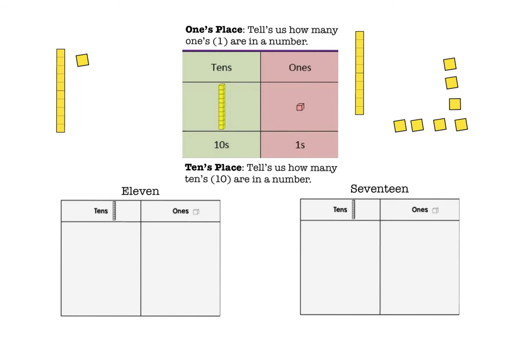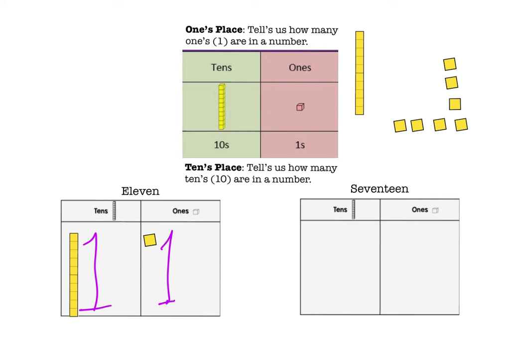Moving on to our first activity, we are going to be working with a place value chart. As a reminder, the ones place tells us how many ones are in a number, and the tens place tells us how many tens are in a number. In our first example, we have the number 11. In 11, I know that there is 1 10 and 1 1.